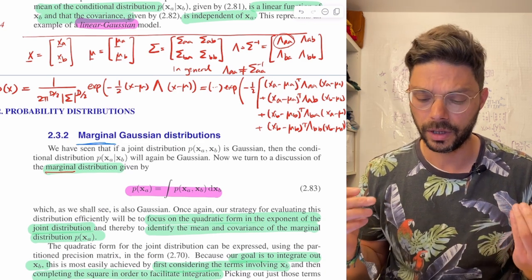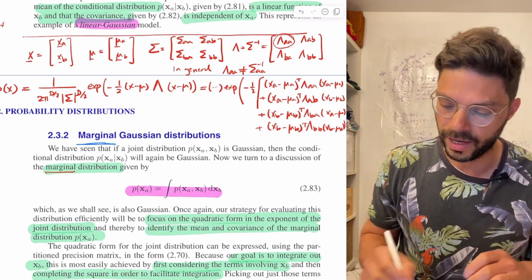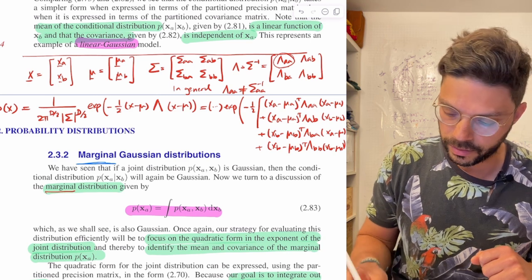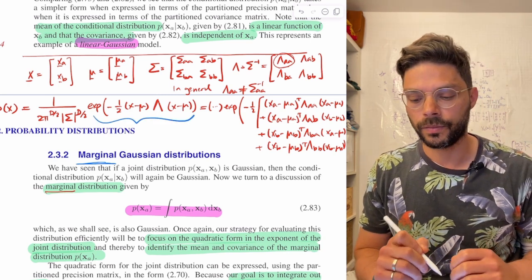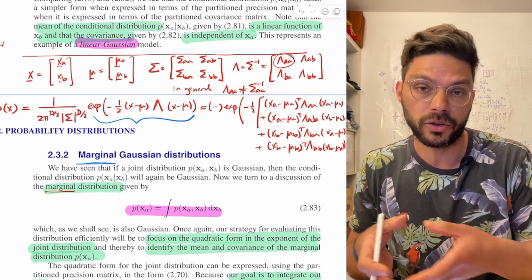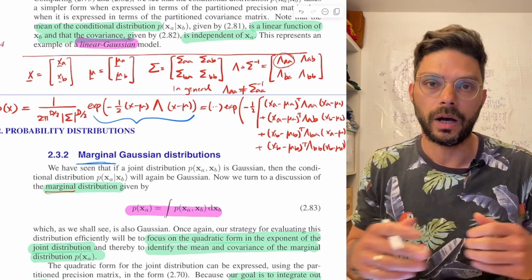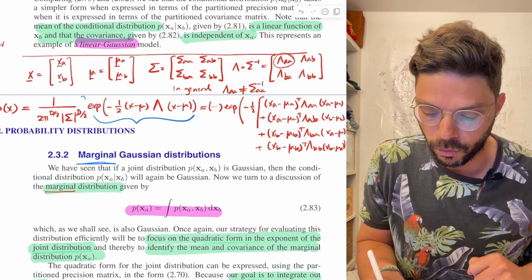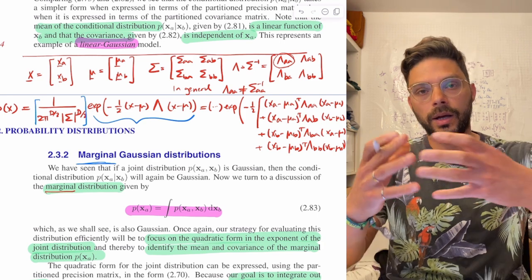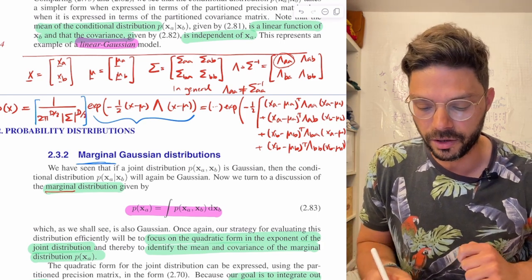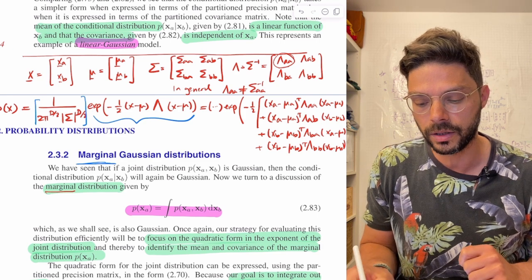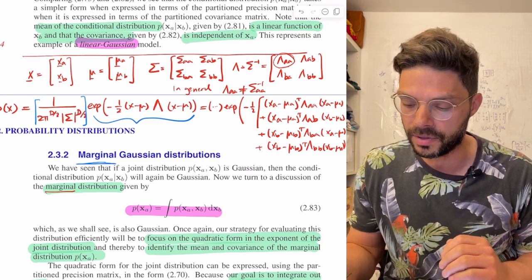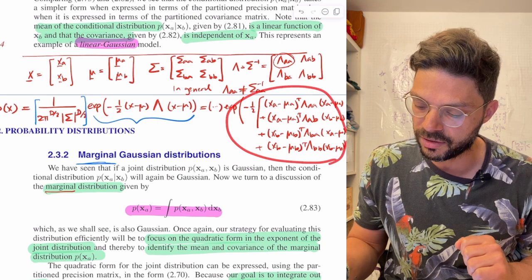The idea is to notice that whenever we see terms like this, that is just the quadratic form part of the Gaussian distribution. If we integrate over that, it's just going to be 1 over the normalizing constant, and the normalizing constant only depends on the covariance and not the mean.